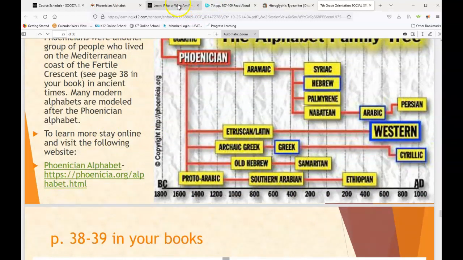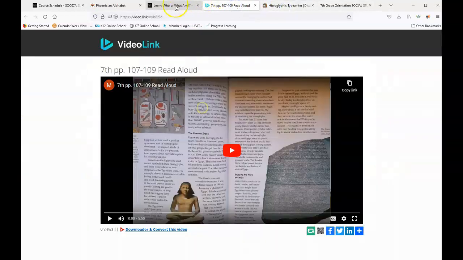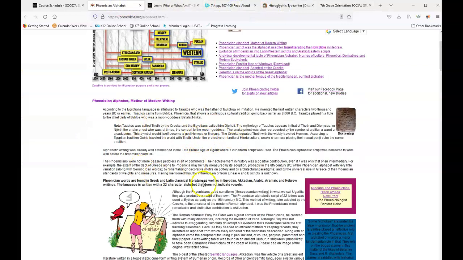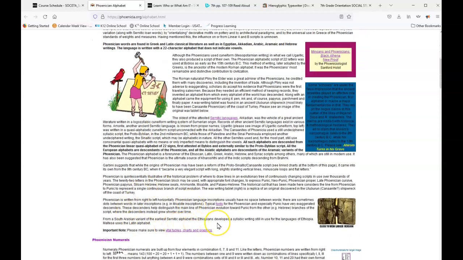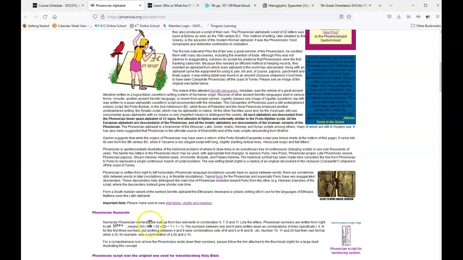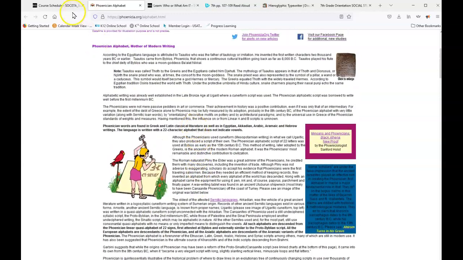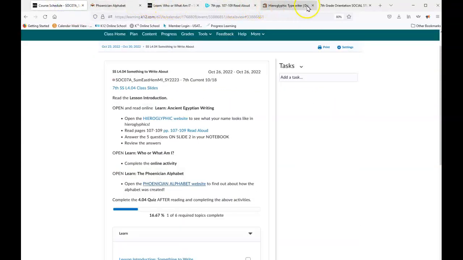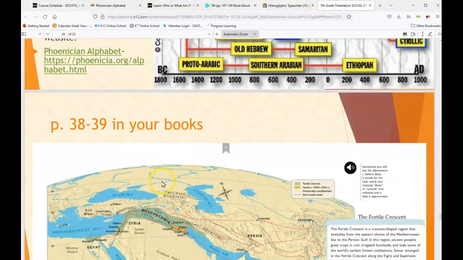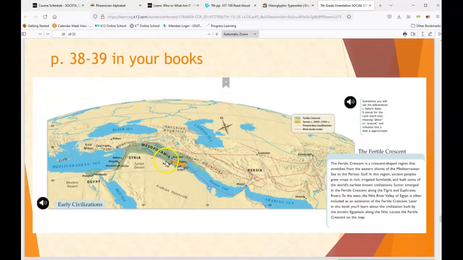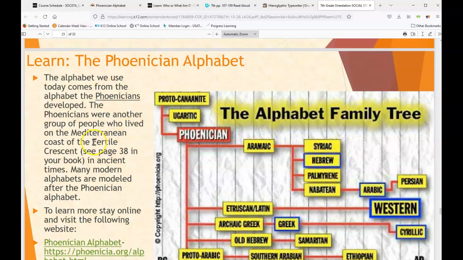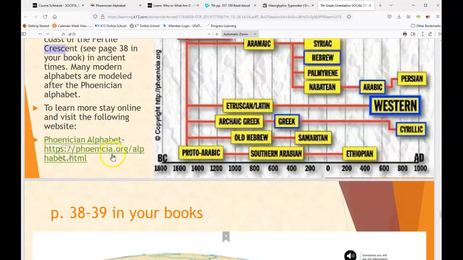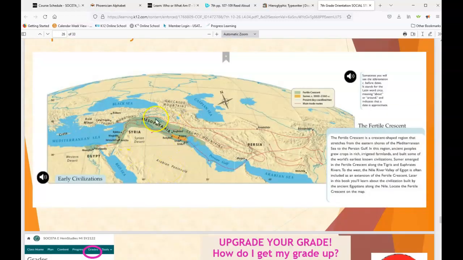Here's that website, if you want to learn more about that, if that's something that interests you. And then they also talk about numbers too. In your books, pages 38 to 39, they mention something about the Fertile Crescent. On page 38, they talk about the Fertile Crescent.